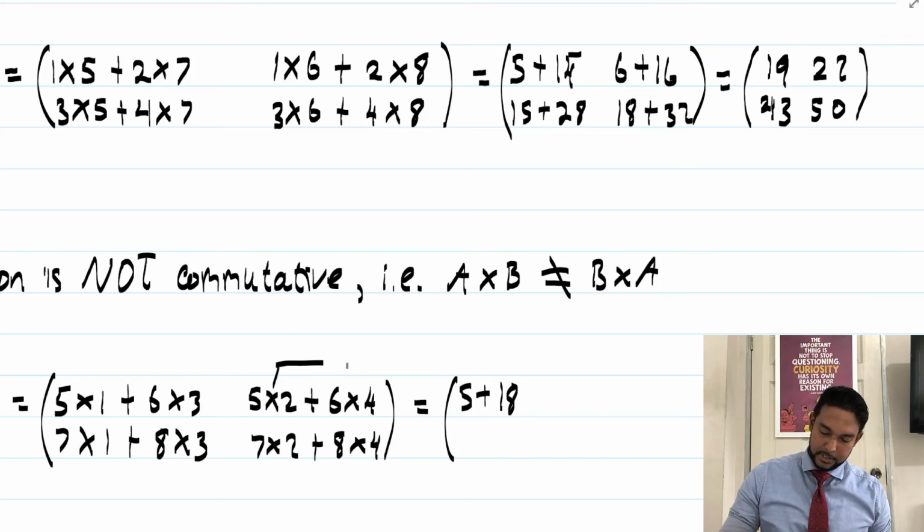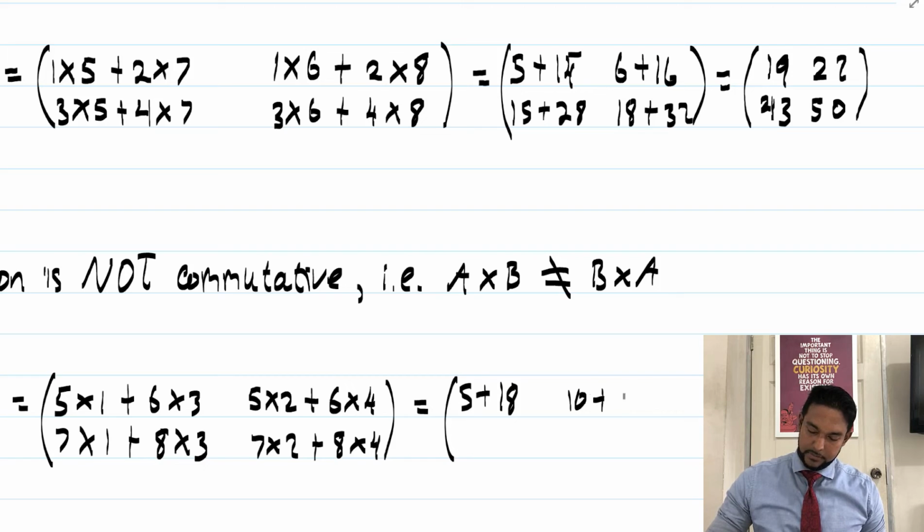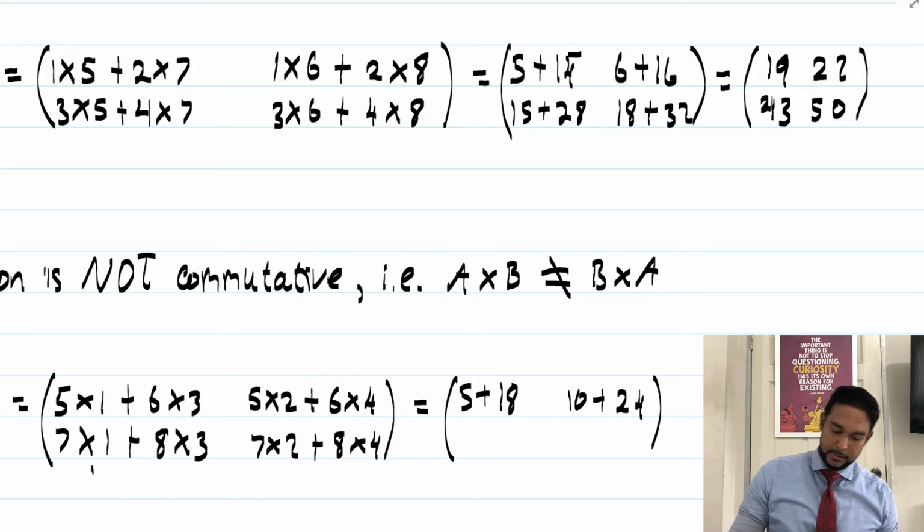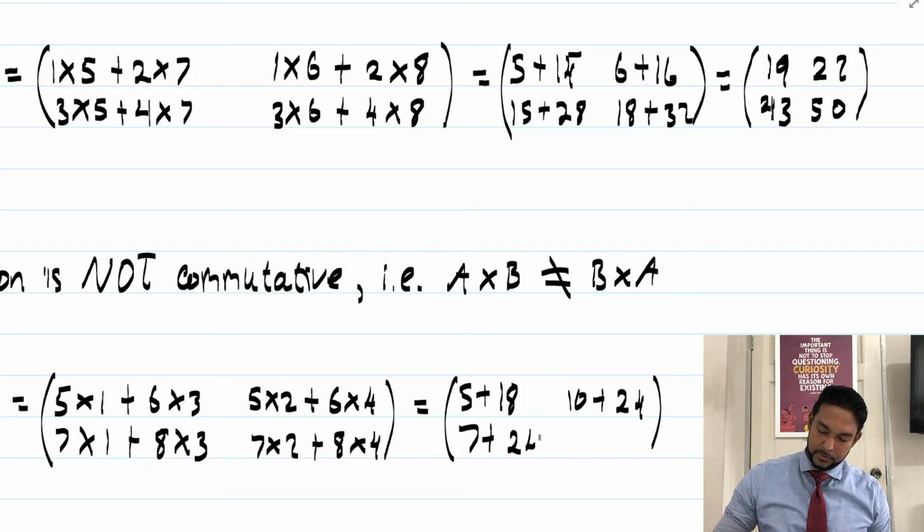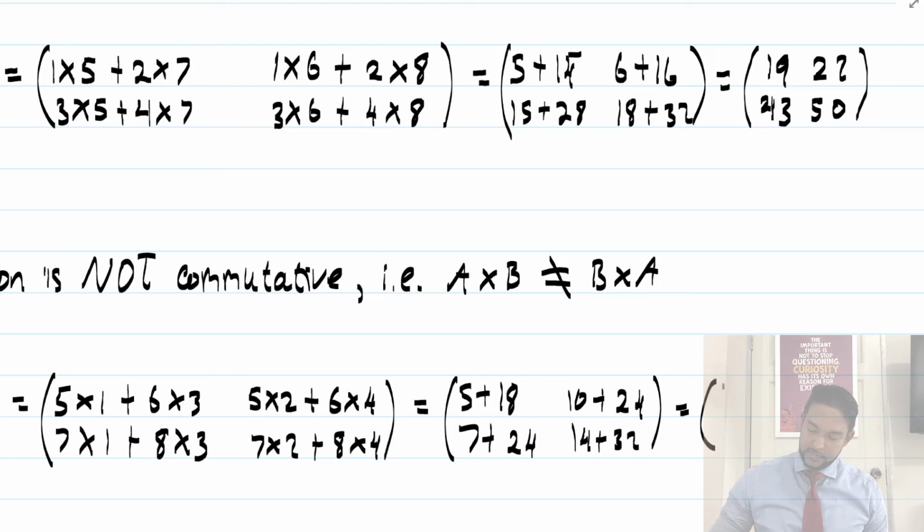Now we have this next piece here, 5 by 2 and 6 by 4. 5 by 2 is 10, 6 by 4 is 24. Down here now, 7 by 1 is 7, 8 by 3 is 24 as well. 7 by 2 is 14, 8 by 4 is 32. 5 and 18 will give us 23, 10 and 24 is 34.